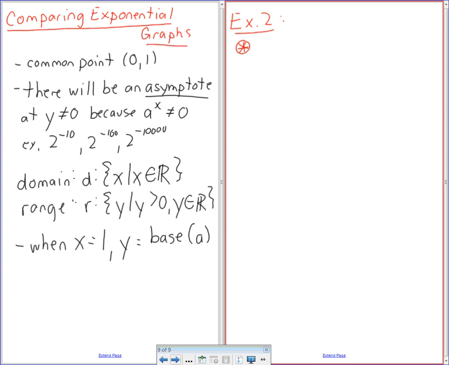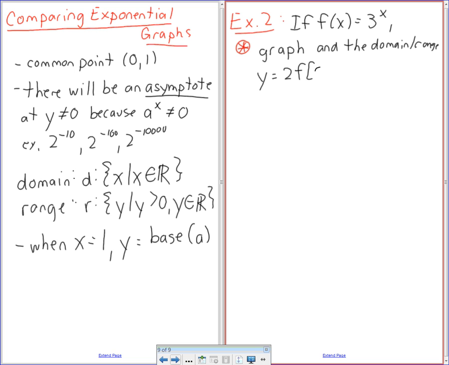So here we go. If f of x equals 3 to the x, graph and state the domain and range of y equals 2f of 0.5 x plus 1 minus 3.